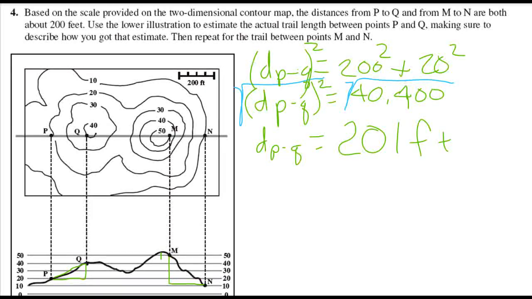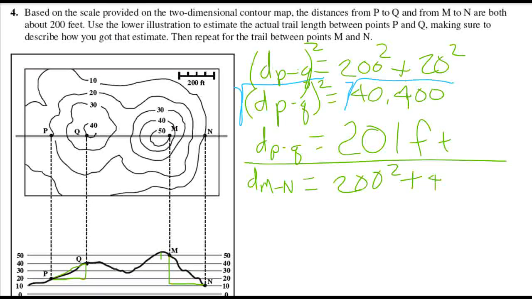If I do the same thing though with M and N, 200 squared, because it's still 200 horizontal feet, plus 40 squared, because I go from 10 to about 50.